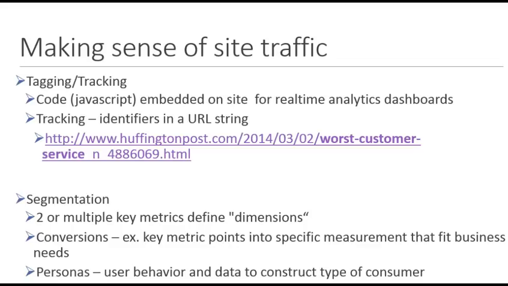So, for instance, I just took this article, it's a Huffington Post link, but perhaps there might be tracking involved off of certain keywords like customer service or worst customer service, or maybe it's this group of numbers here, 4886069, that is being tracked for a certain ad campaign code that relates to a sponsorship off of these types of stories or business stories.